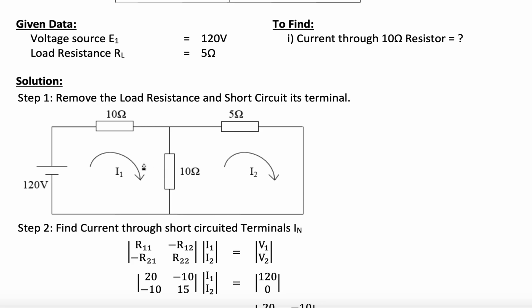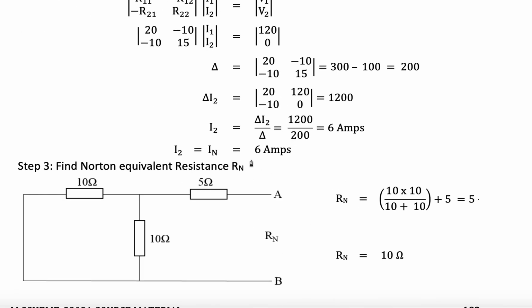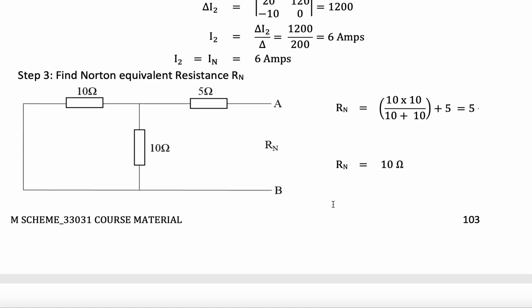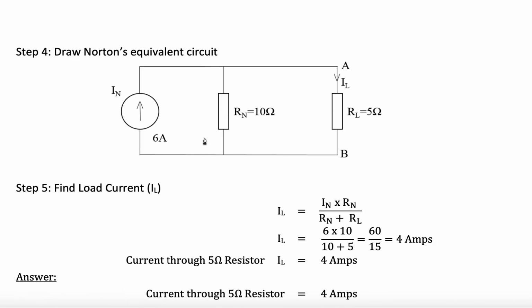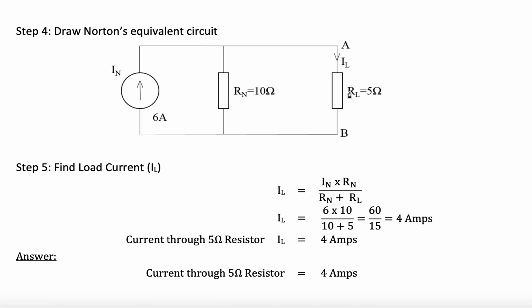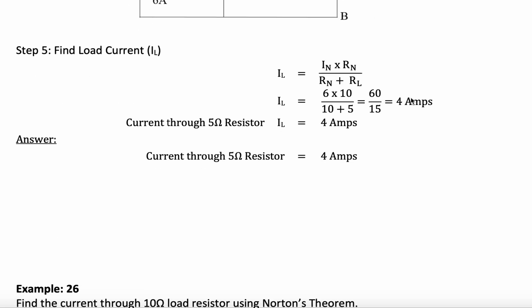Otherwise, you can similarly apply source transformation. 120 by 10 is 12 ampere here, with 5 ohms in parallel. 12 ampere and 5 ohms parallel means 6 ampere, so IN is 6 ampere. Equivalent resistance we can easily find: 10 parallel 10 is 5, 5 plus 5 is 10. Rn is 10. This is 5. You can apply the current division rule.